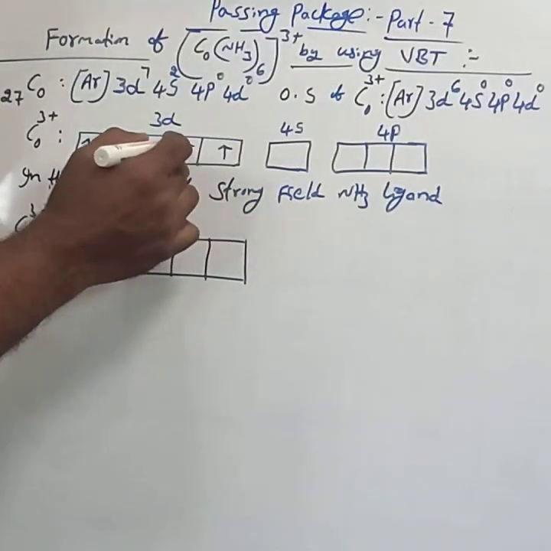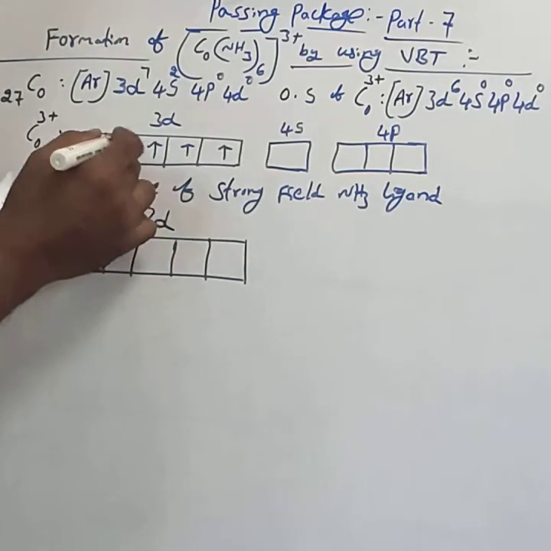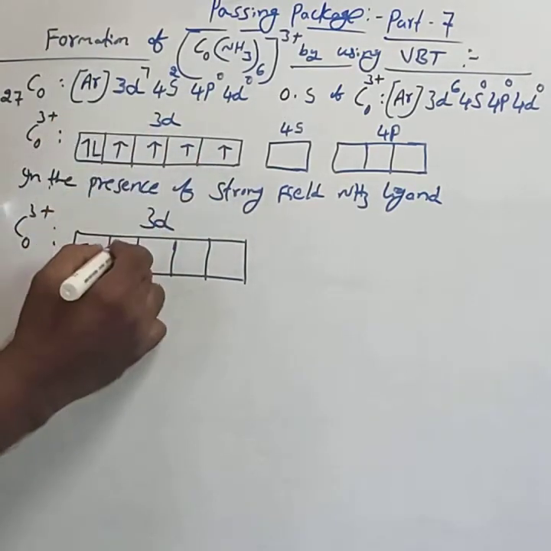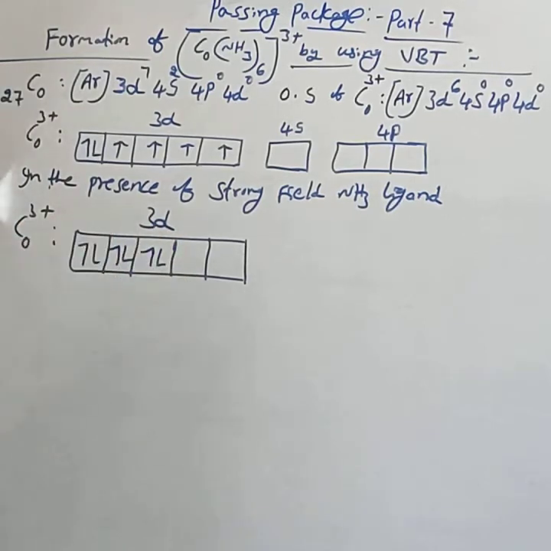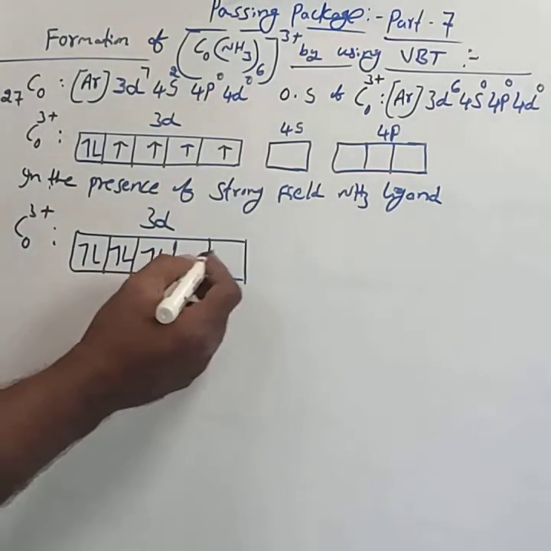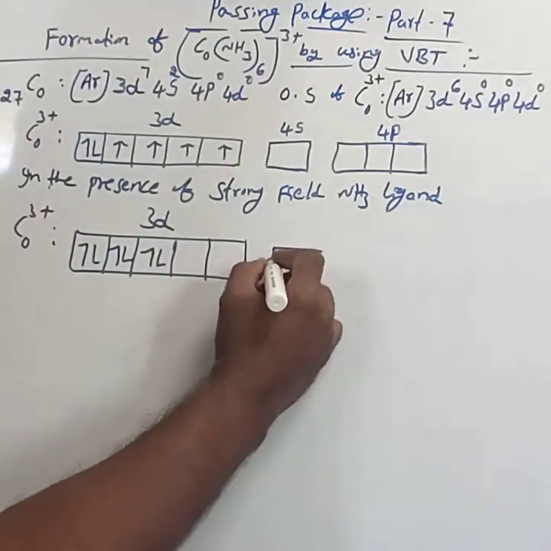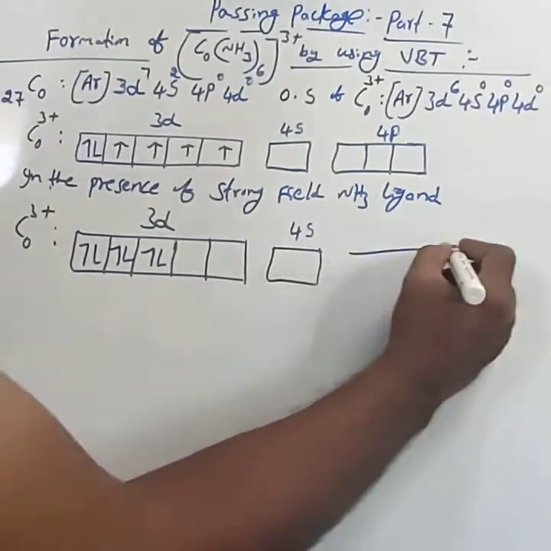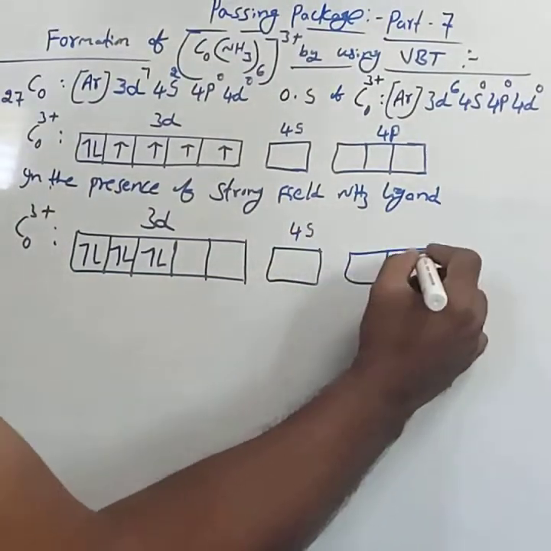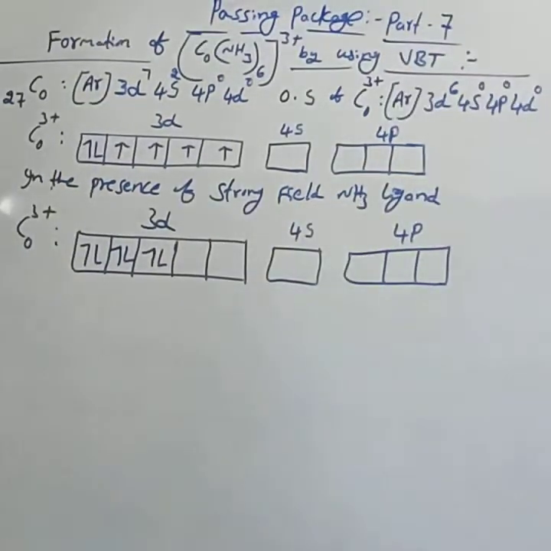These 4 unpaired electrons get paired, again against Hund's rule, forming 2 vacant d orbitals. This is 3d. The 4s is already vacant, and 4p is already vacant.